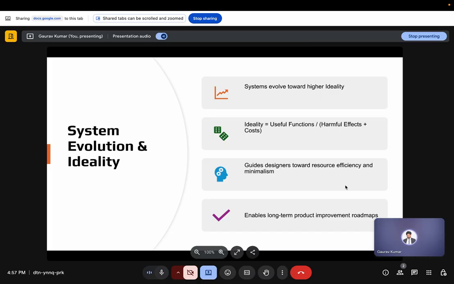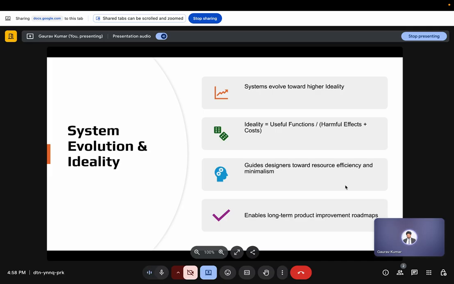Now next is system evolution and ideality. So TRIZ posits trends of evolution, for example dynamization, segmentation, integration, increasing controllability, and the drive towards ideality: maximize the useful effects while minimizing harm and cost. So ideality offers a directional metric or a road map for where the next concept should move, and it pushes simplification, resource leverage, and harm reduction.